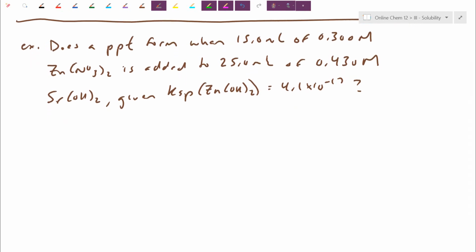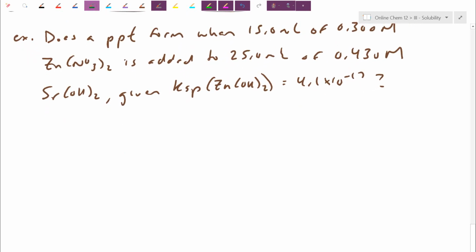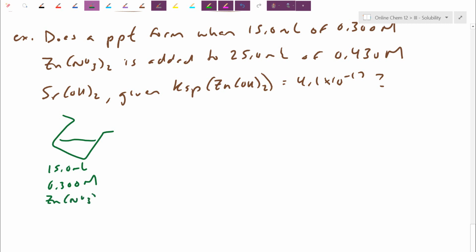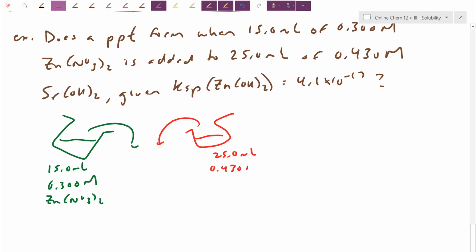So, as always, I like starting off with a picture if I can. We're going to begin with zinc nitrate. We currently have 15 milliliters. The concentration is 0.300 molar, Zn(NO3)2. I'm going to toss that in together with another solution. The other solution is slightly more volume. These are totally different mixtures, so the volume is totally up to me, even concentration is up to me. There's no reason for the mole ratios to be satisfied. Strontium hydroxide.